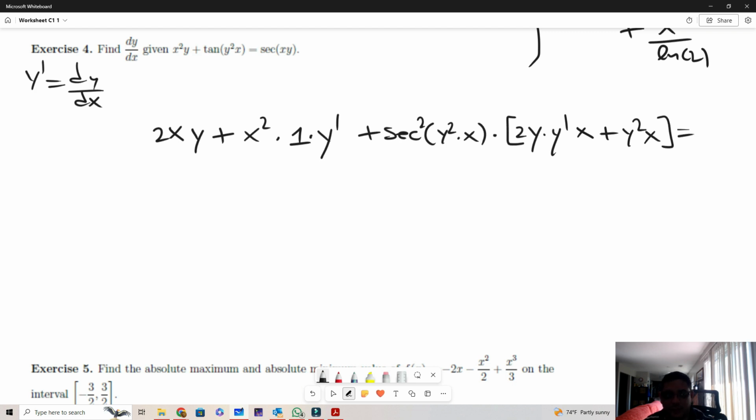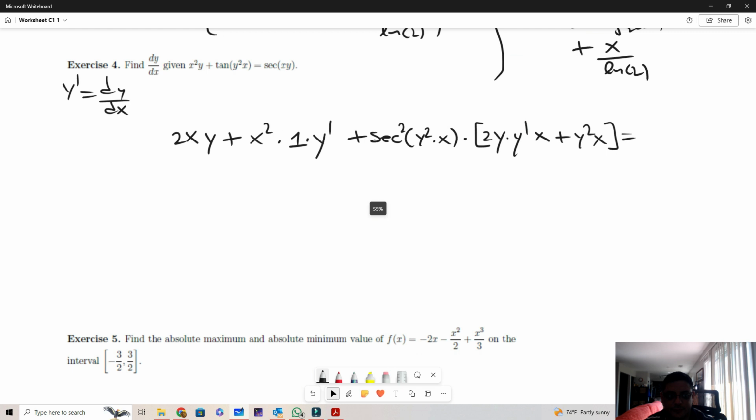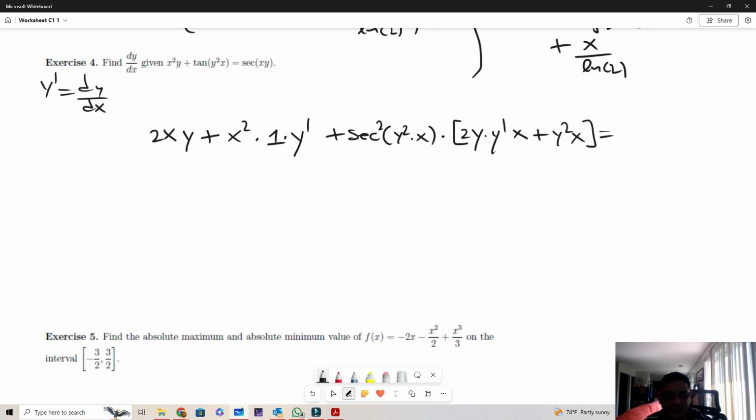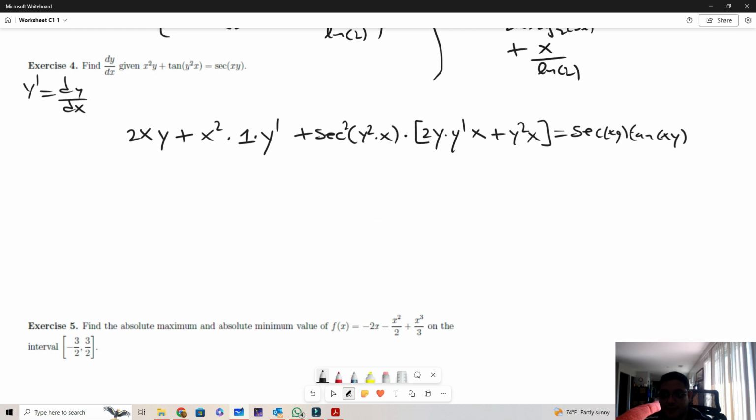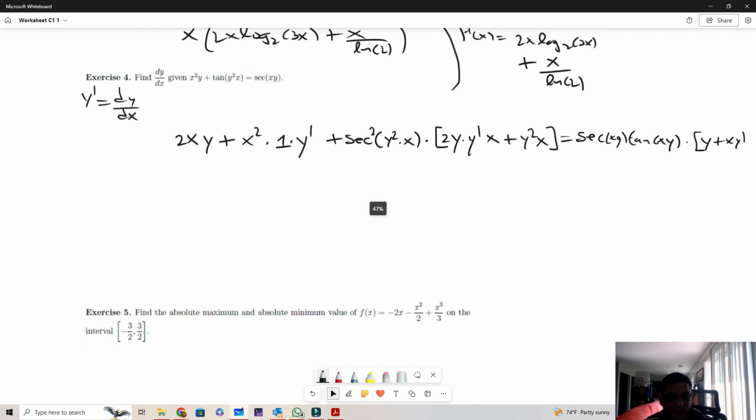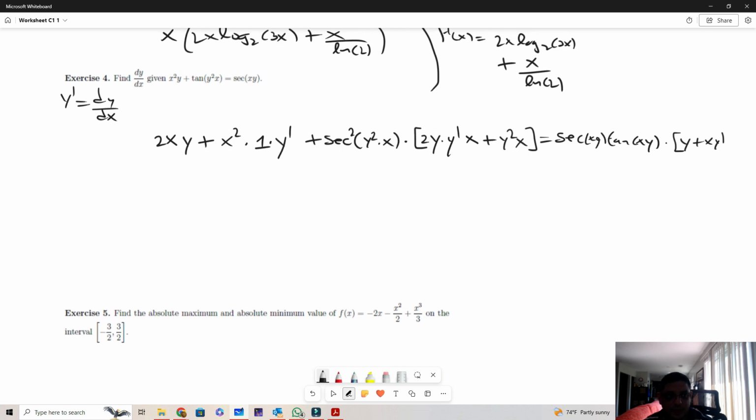And then this is going to be equal to, and so we have secant of xy, whose derivative is going to be secant of xy by tangent of xy. And then by the stuff inside, which is going to be a product rule between x and y. So it will be y plus x y prime. That will be the product rule of x times y.